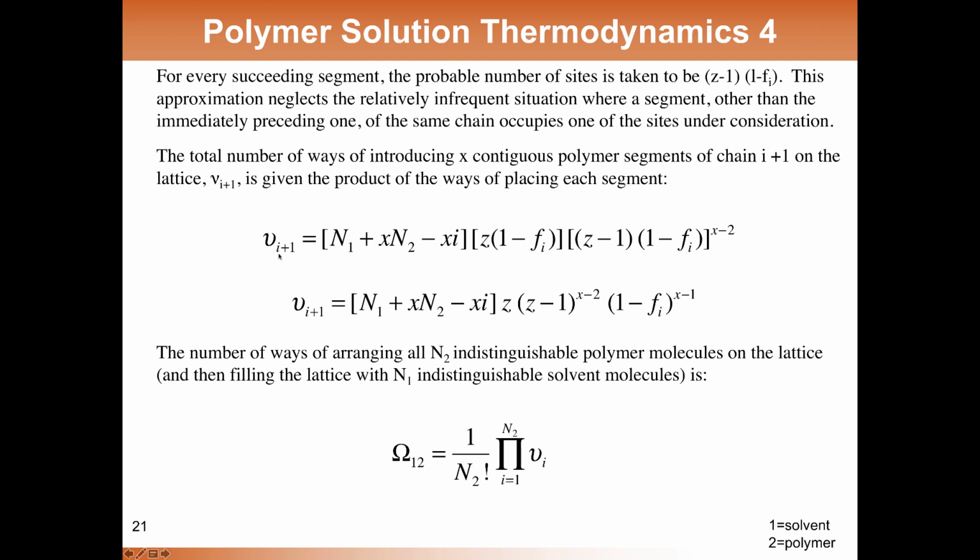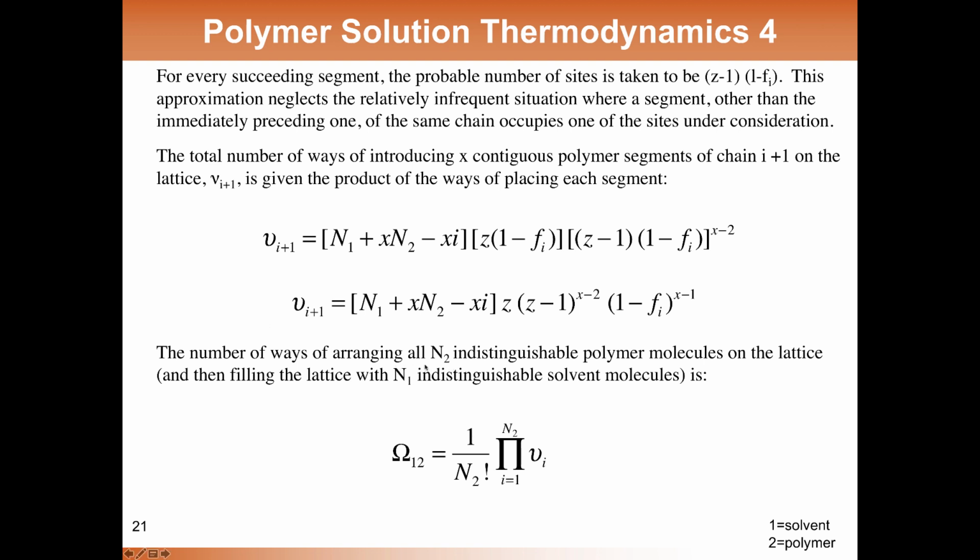The number of distinguishable ways you can arrange that on the lattice is just equal to the number of ways of arranging the first segment times the number of ways of arranging the second segment times the number of ways of arranging segments 3 through x. A little bit of algebra turns this expression into this one. And so this gives you the total number of ways of arranging chain i+1 on the lattice.